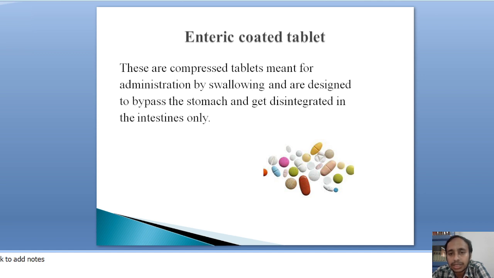So these compressed tablets are meant for administration by swallowing and are designed to bypass the stomach. So it is also called first pass metabolism. So bypass the stomach and disintegrate in the intestine. This is the first time you are getting the term disintegrate in this presentation. Disintegrate means breakdown. When a tablet comes in contact with water, at first the tablet breaks down into different particles.